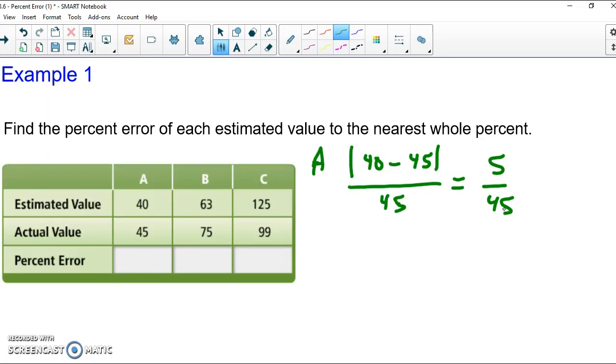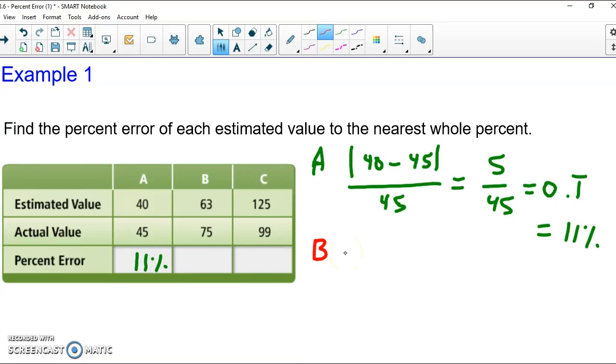And when I divide 5 by 45, I get 0.1 repeating. So if I want to make this into a percent, then I multiply by 100, and I get about 11%. So I'm going to round that to the nearest whole percent.